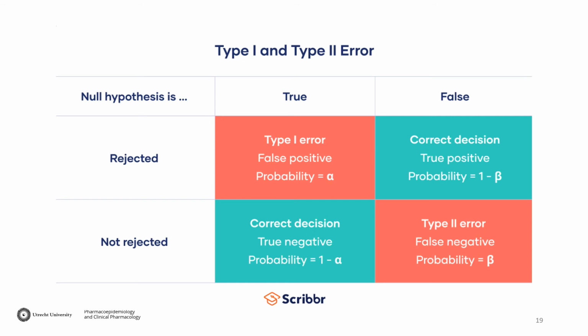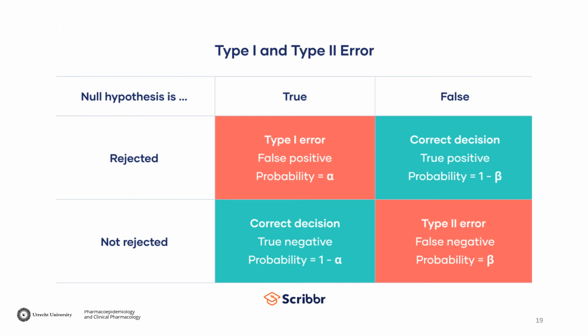But we can ensure that we have enough power by having a bigger, or a large enough, sample size. So why are type 1 and type 2 errors important? It's basically because we want to avoid the consequences of making these kinds of errors, because that means we are making some unnecessary interventions and also wasting time and resources.